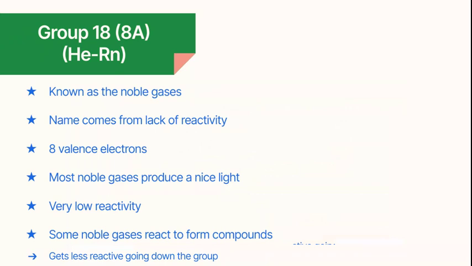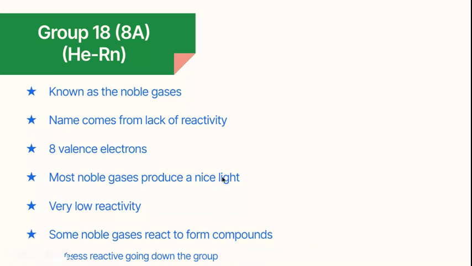They don't do anything. They're just self-explanatory. Lack of reactivity. 8 valence electrons they have, which is why they are very low in reactivity, because they already have that octet. But if they do react, they form compounds with other elements.